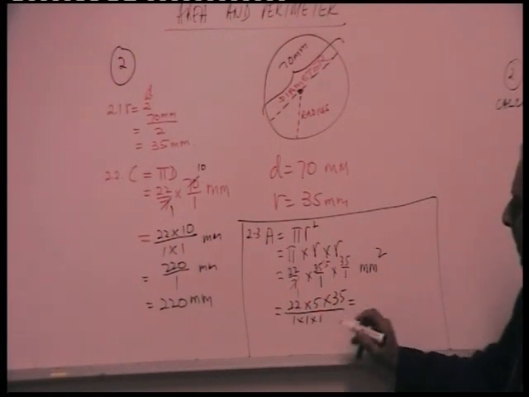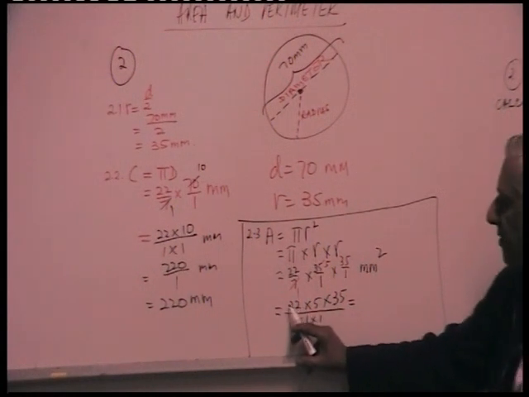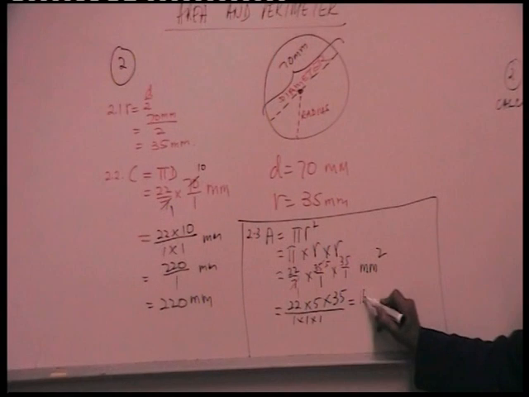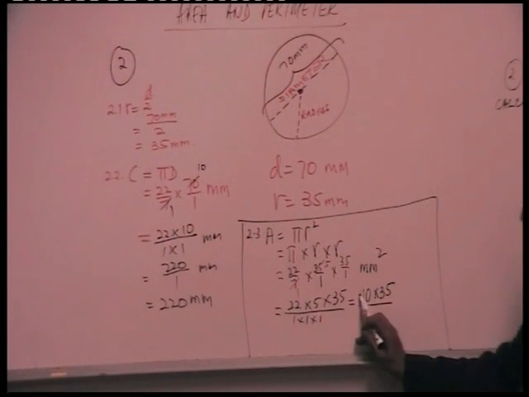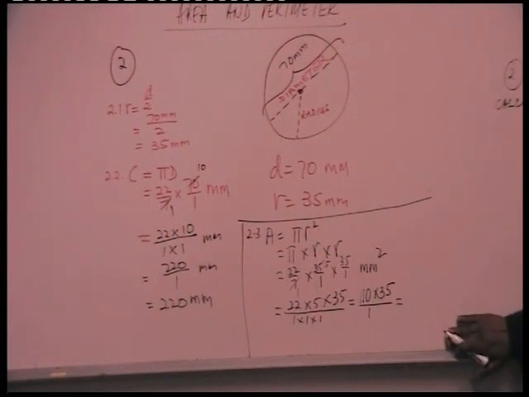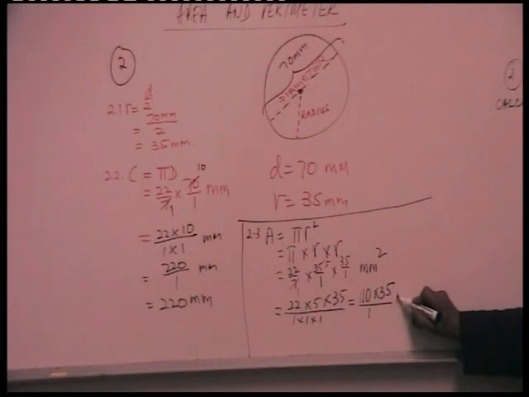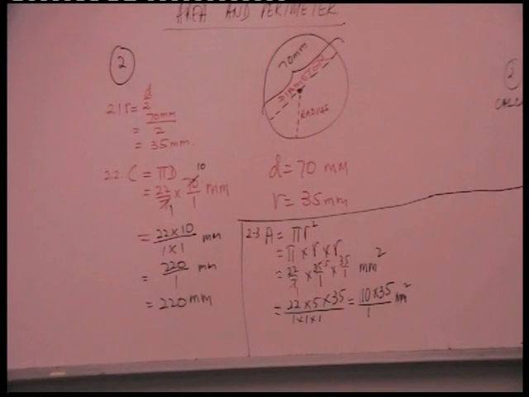Now, I'm going to do this part here first. 22 times 5 is 110, times 35, all over 1. Now, I don't know what's 110 times 35. So, I will do some rough work.